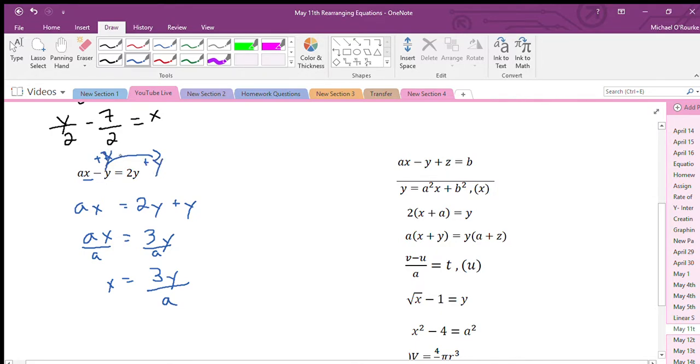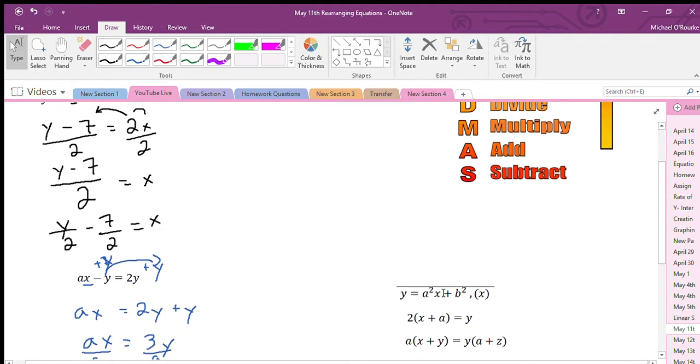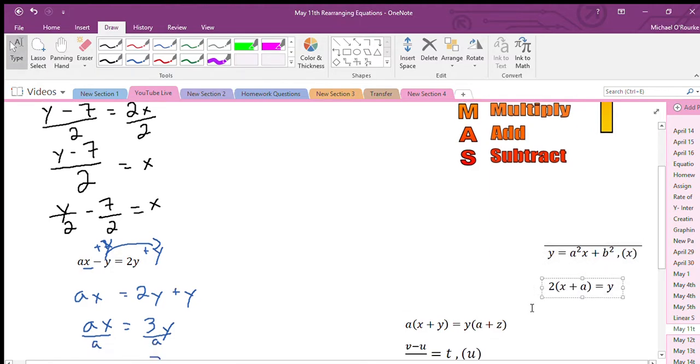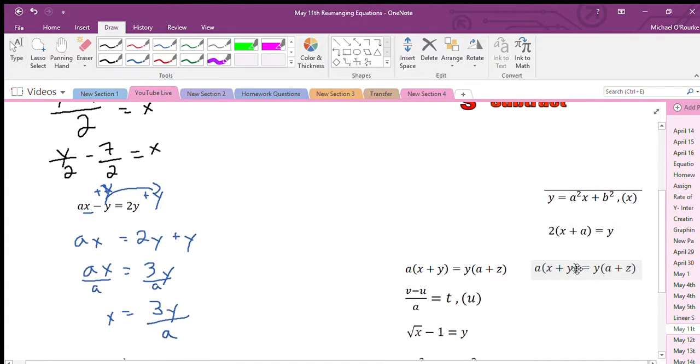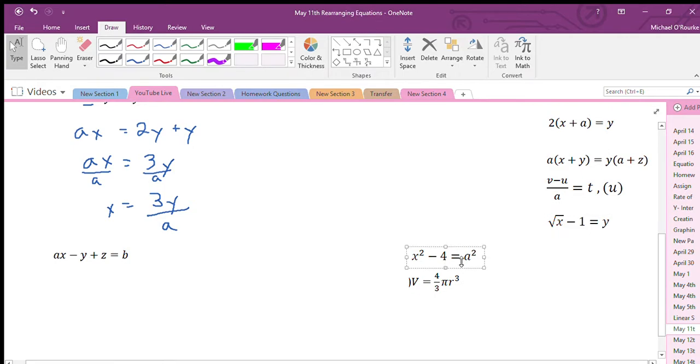I'm just going to run through these, as I realize I should have brought these down. I'll move these over since I'll start working beside it. All we're doing is inverse operations all the way through and working backwards through BEDMAS.